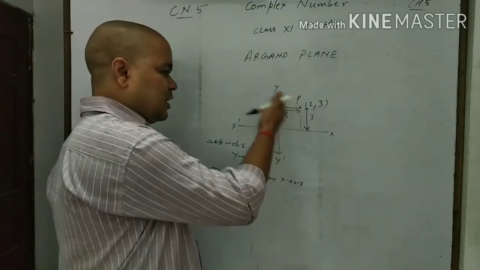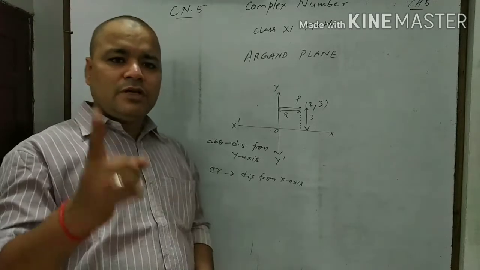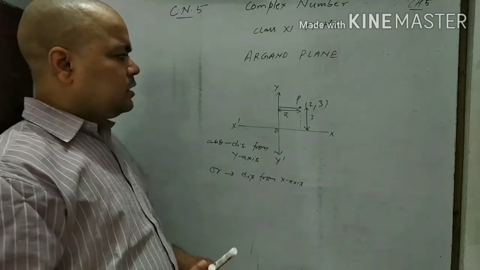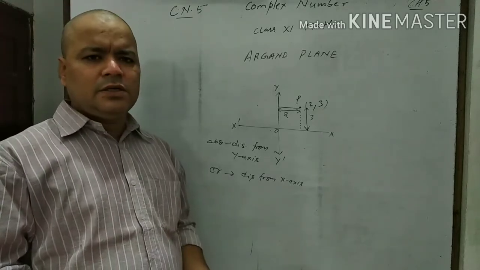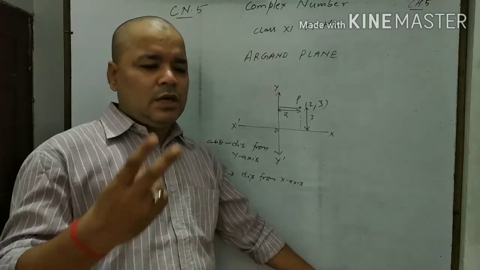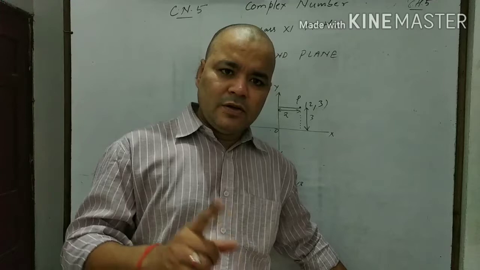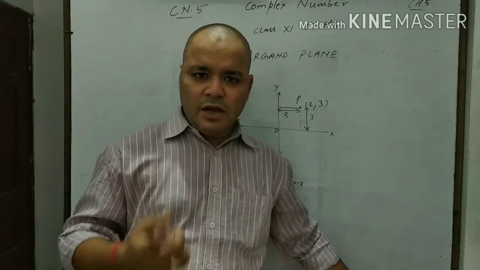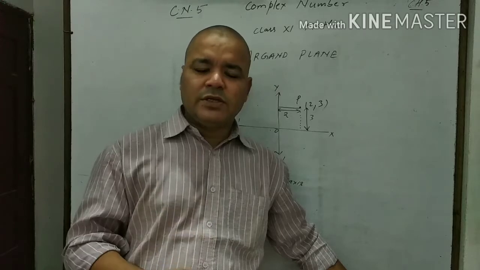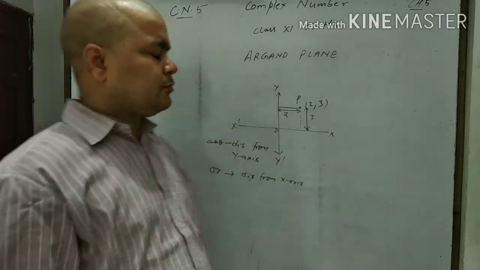It means for each point we have a unique coordinate, and for each ordered pair we have a unique point. I am saying two things. The first one, for each ordered pair we have a unique point, and the converse of this, for each point we have a unique coordinate.